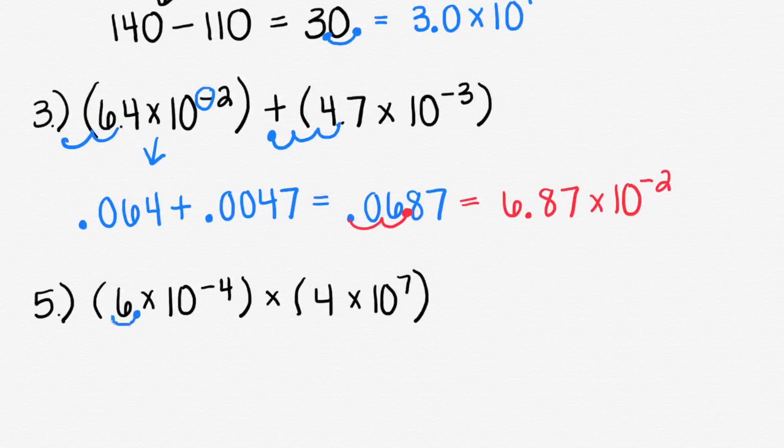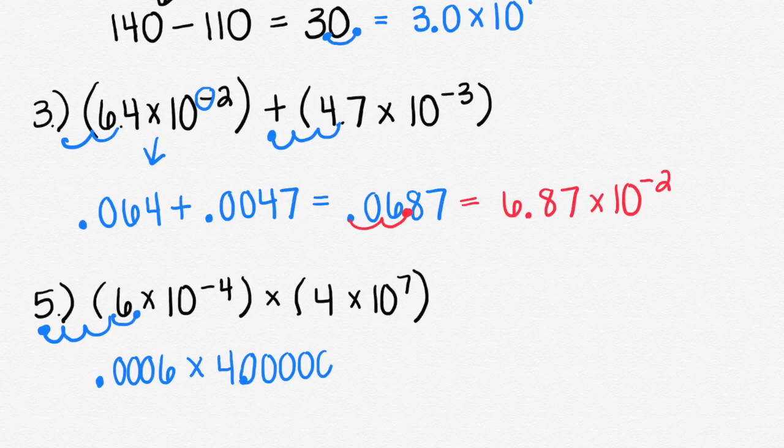You're moving around it 1 time, and that means you're going to have to go 1, 2, 3. You're adding 3 zeros in front of it. You're going to multiply that times 4, if you put a decimal after it, and you are going to be adding 7 zeros after that. So 1, 2, 3, 4, 5, 6, 7.